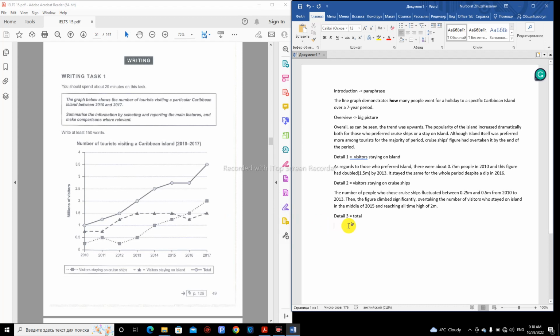So I can say, in total, the number of people going to the island tripled, reaching 3.5 million in 2017.